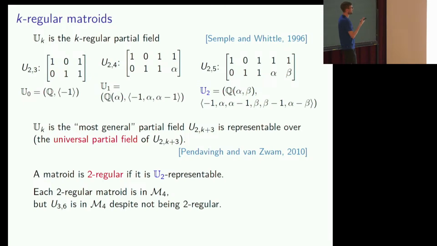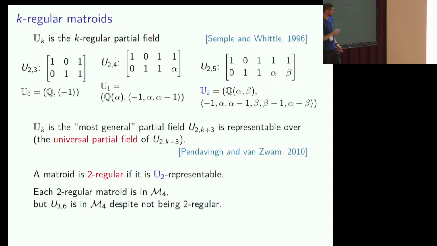And if you look at the subdeterminants, if you treat alpha or alpha and beta as an indeterminate here and look at the subdeterminants, then you get these groups that correspond to our 1 regular or 2 regular partial field. Okay, so this notion of a universal partial field, it's treated much more rigorously by Rudy and Stefan, but in this talk I'm just going to think of it as the most general partial field that a matroid is representable over.